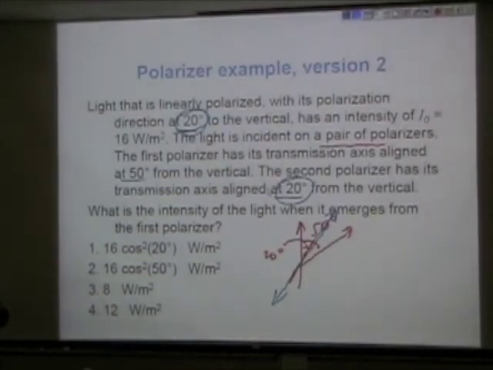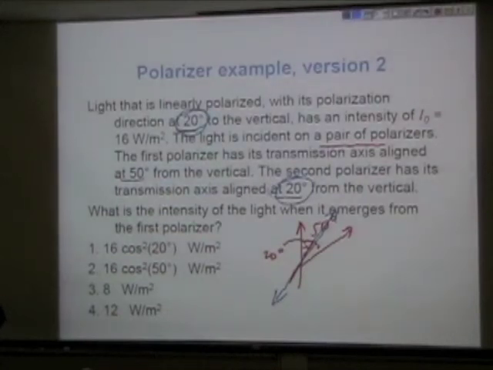Formally it means that the angle between transmission axis and direction of polarization is 0. Cosine of 0 is 1. So for that particular orientation only, the first polarizer doesn't do anything to the light. So it's getting through, having the same intensity, and only the second polarizer does something to it.